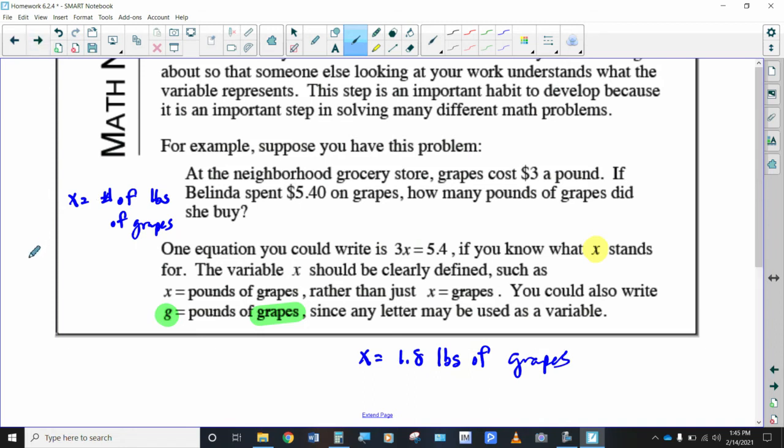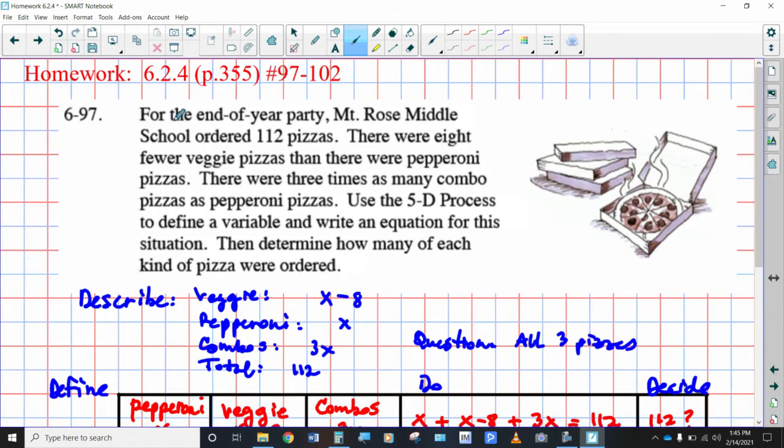All right, so here we are. For the end of year party, Mount Rose Middle School ordered 112 total pizzas. There were 8 fewer veggie pizzas than there were pepperoni pizzas. And there were 3 times as many combo pizzas as there were pepperoni pizzas.